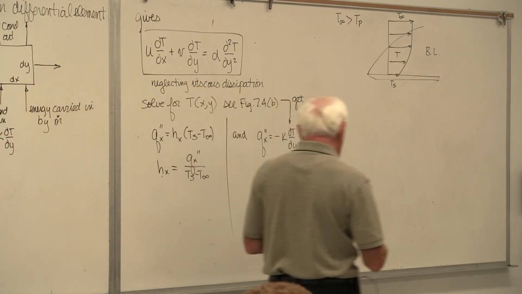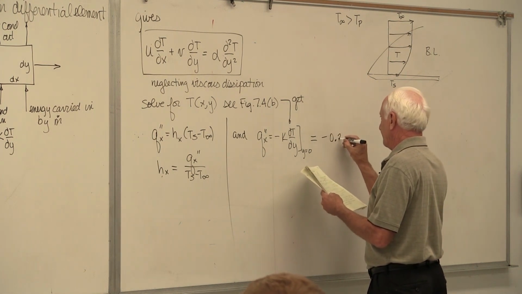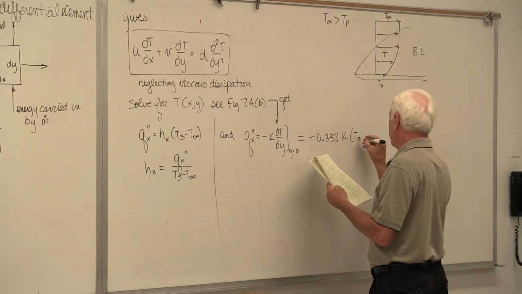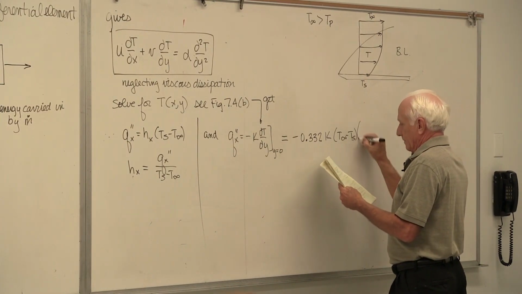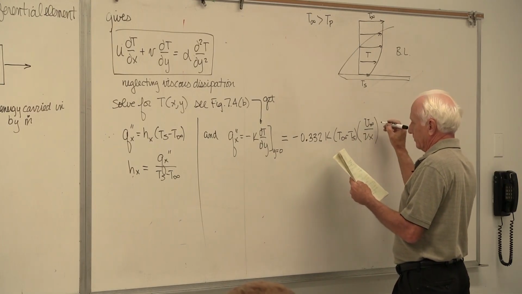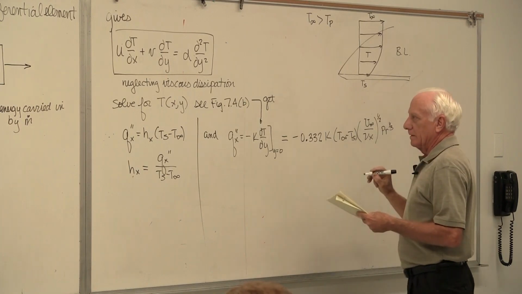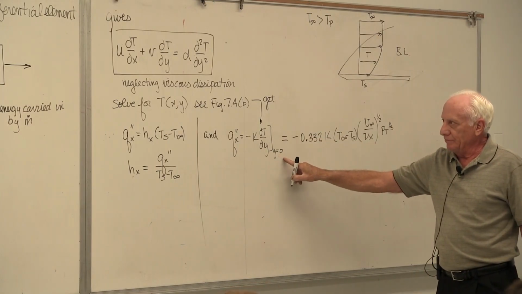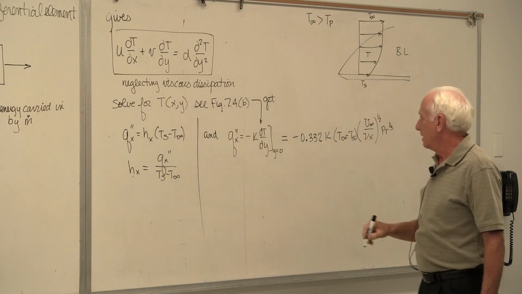Get that slope at y equals 0, I get minus 0.332 times thermal conductivity, from evaluating dT/dy at y equals 0, which comes from the solution of the governing energy equation, partial differential equation.